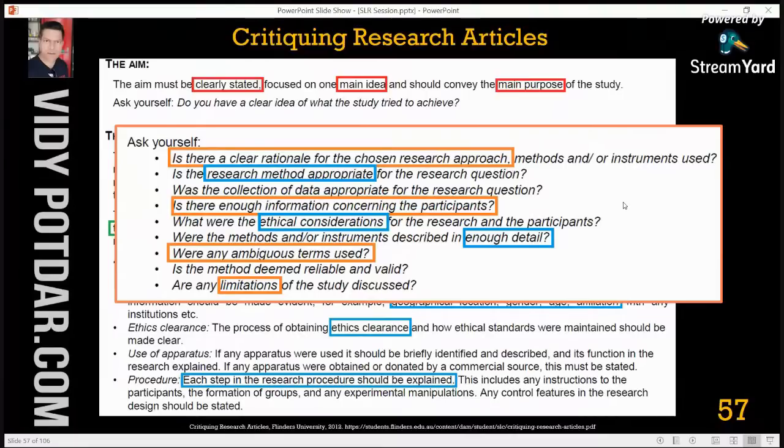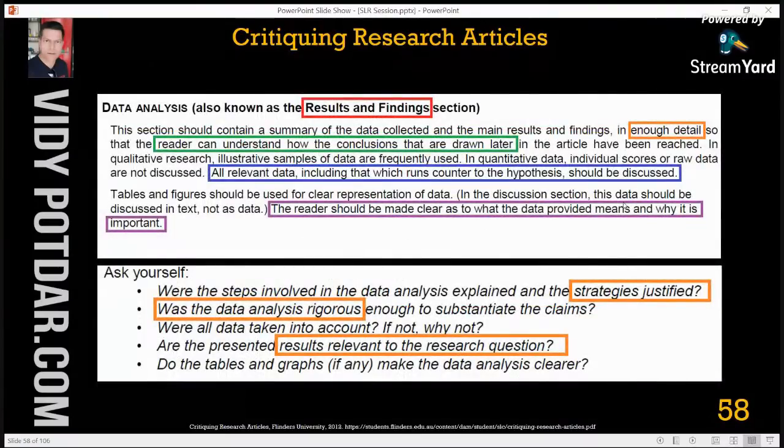Because this gives you the opportunity to look at these papers from a very structured point of view. Looking at data analysis or results and findings, again, a lot of questions that you can ask, and the answers to these questions will help you to frame a critique for a particular research paper.